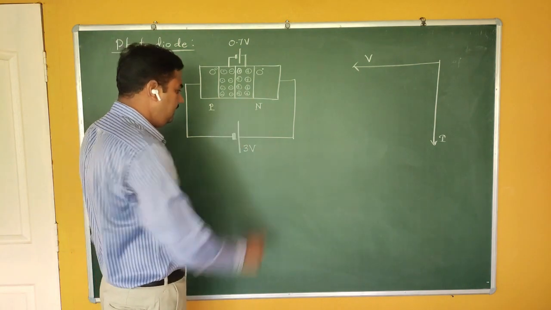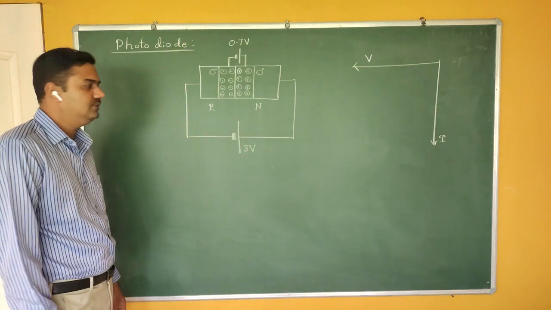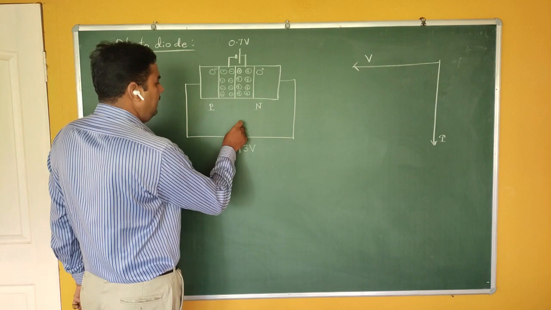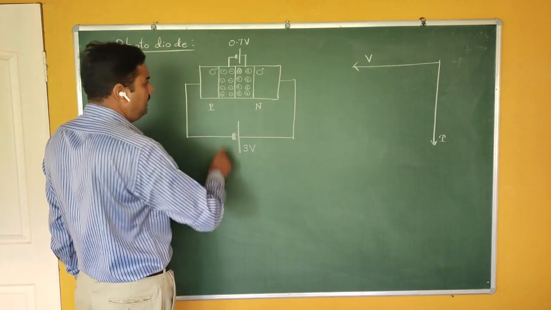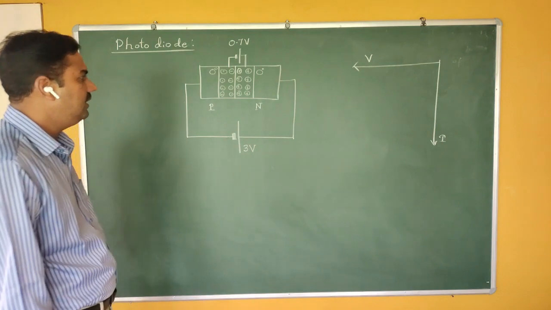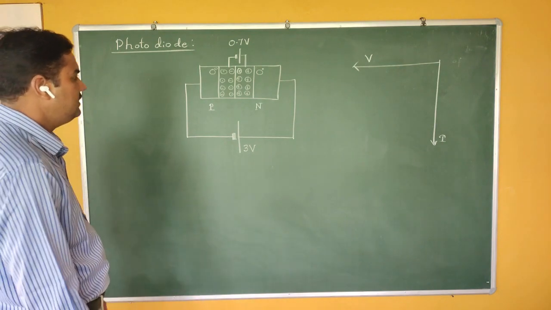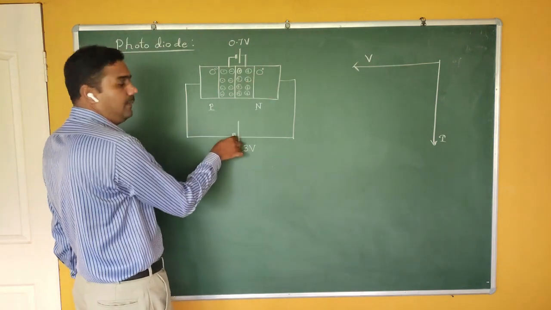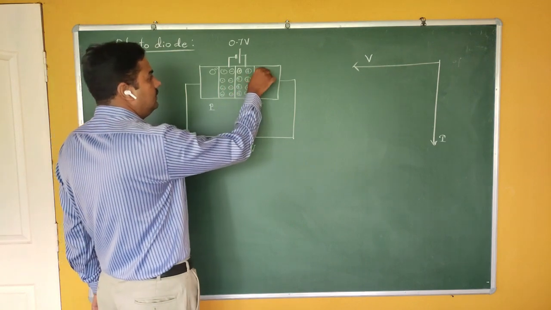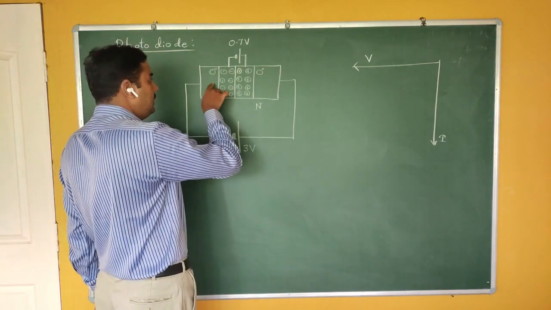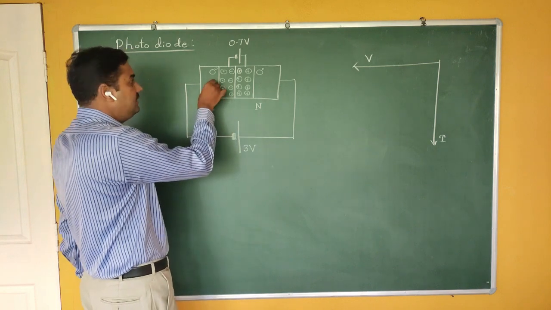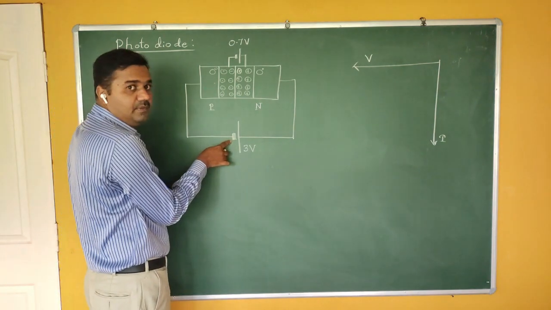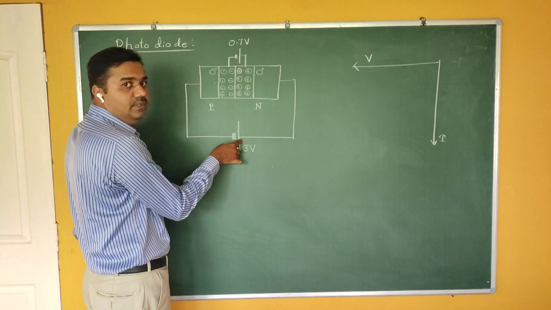When you connect a battery in reverse bias, you can see that the battery's positive terminal and negative terminal supply a certain amount of energy to the diode in such a manner that the electrons present in the p type are repelled by the positive terminal of the battery and attracted toward the negative terminal of the battery.